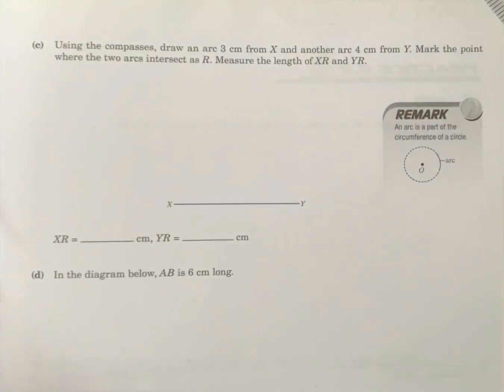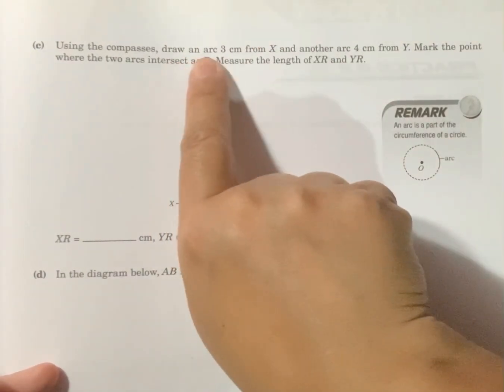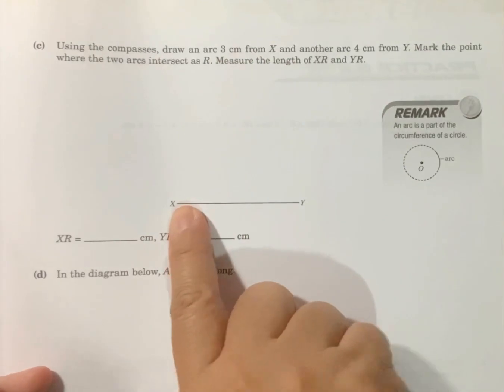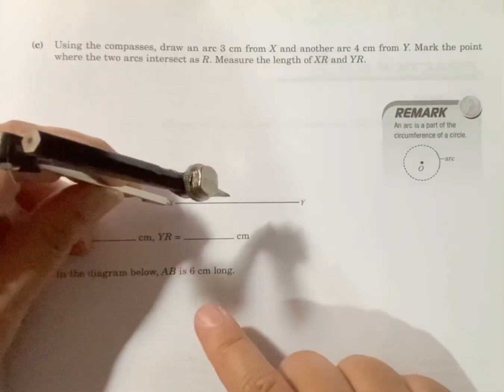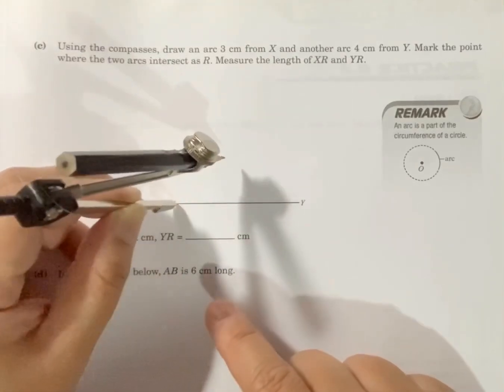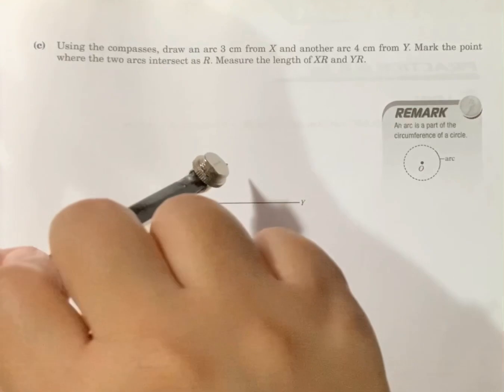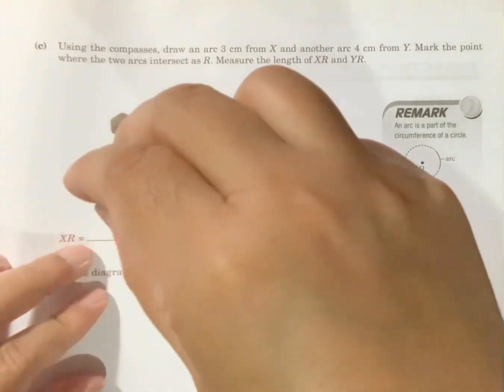Now, what do they want us to draw? You keep repeating the question so that you get it right. Draw an arc 3 cm from X. So I put my needle at X because that's the 3 cm from X. Now my pencil is 3 cm away. So what does an arc look like?